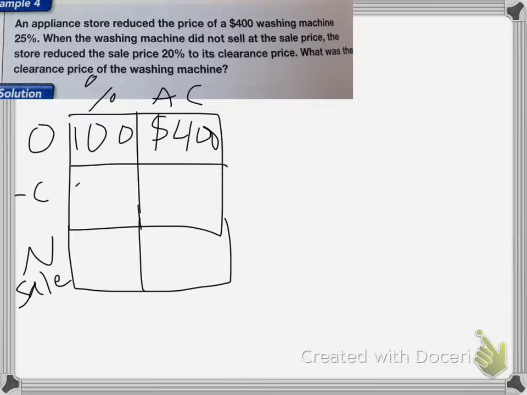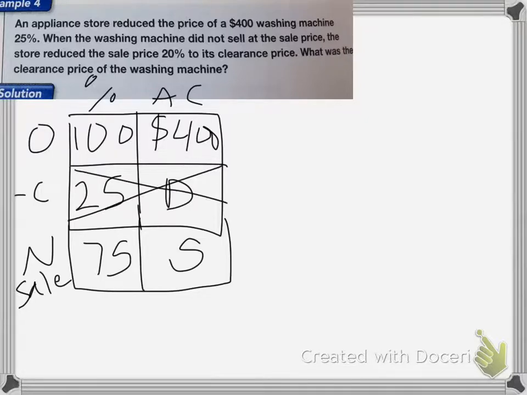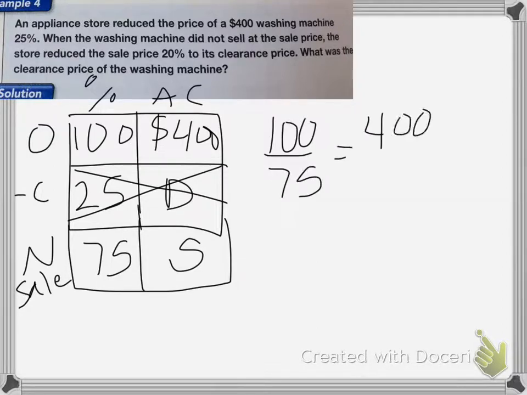We know we're getting a discount of 25%. And then that means our new sale price is going to be 75% of the original amount. Since we want to find the sale price, we're going to do 100 over 75 equals $400 over the sale price. Do our cross products.